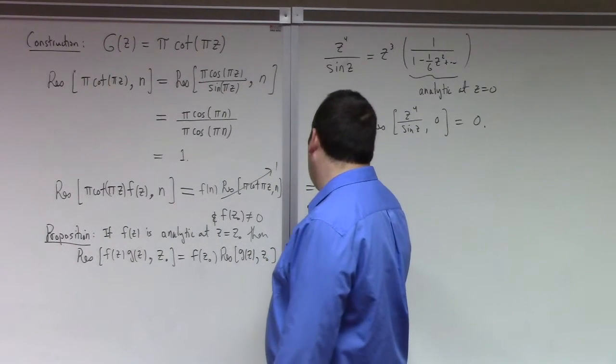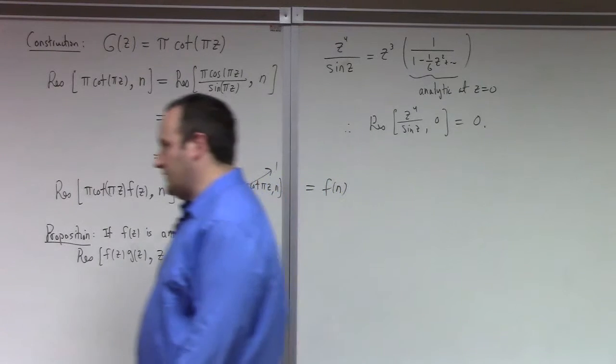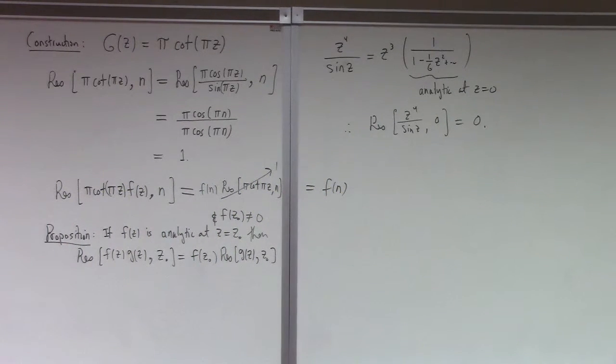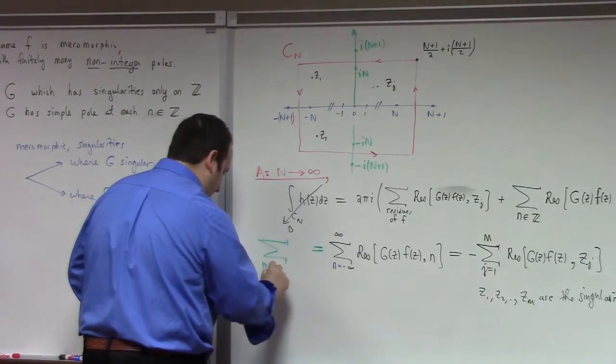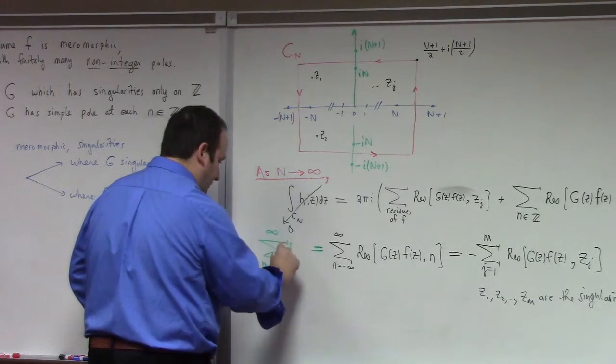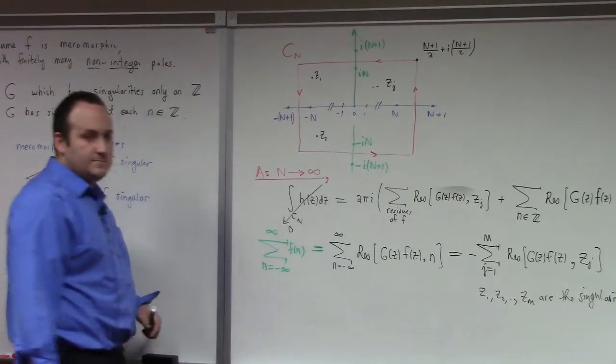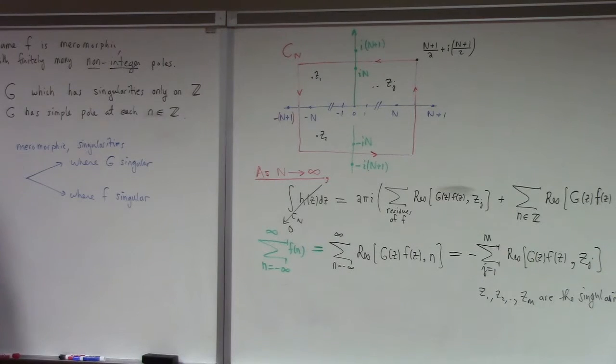So f of n. In other words, if we use pi cotangent pi z, then this is in fact just the sum from n equals minus infinity to infinity of f of n, which of course was our goal to calculate.